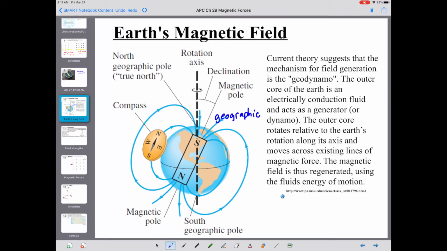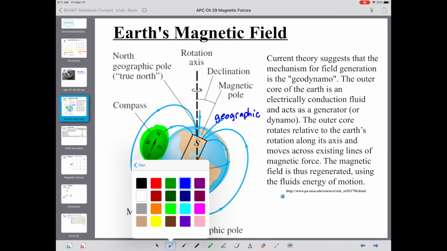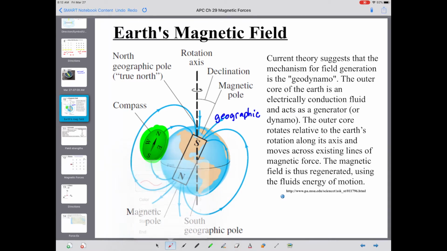Your compass over here points towards the geographical north, but the geographical north is actually your magnetic south. So compass needles do point north, and you just have to think in terms of the distinction between a geographical north, which is the north we're used to calling north, and a magnetic north.